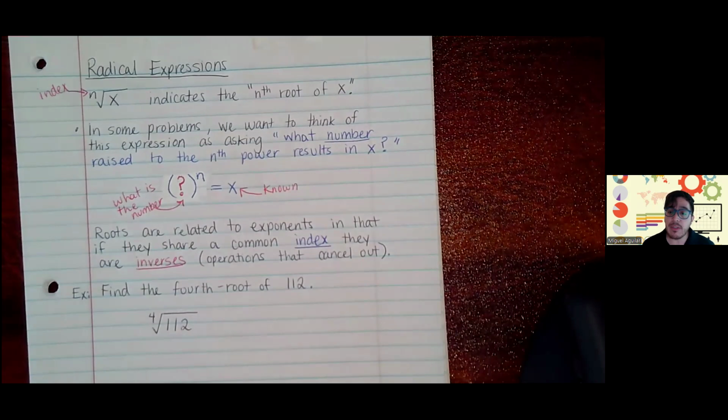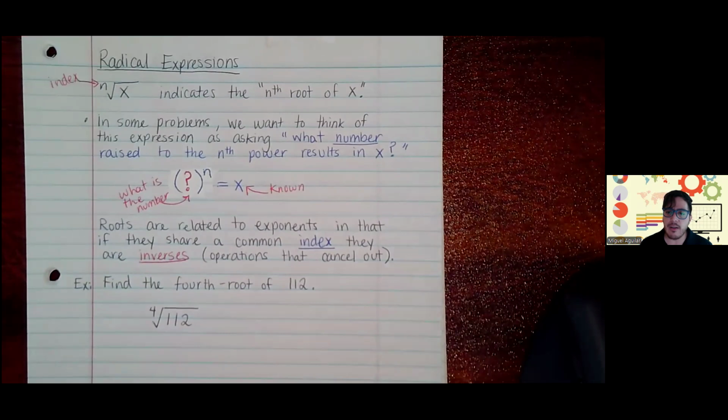We saw when we were solving quadratic equations that we could observe this relationship between the square root and the squaring exponent, the second power: those operations, square roots and squaring, cancel each other out.